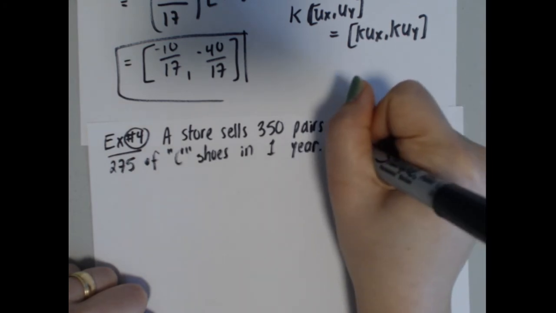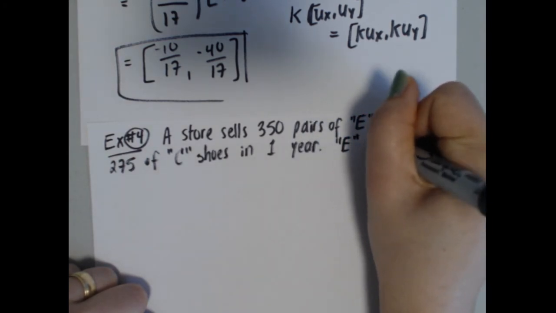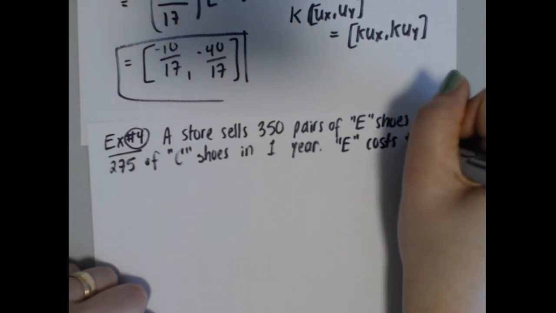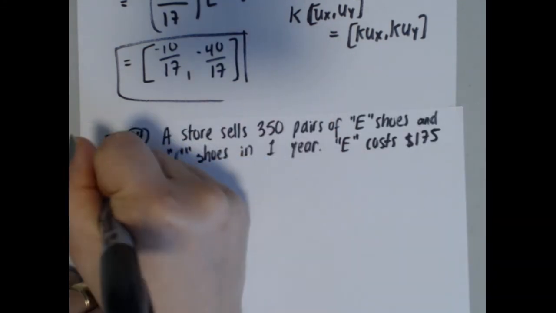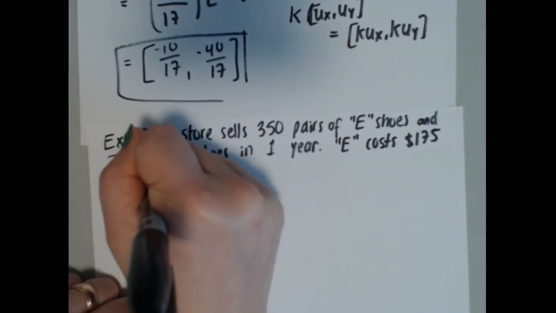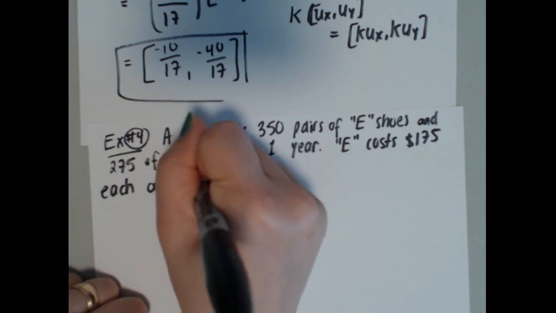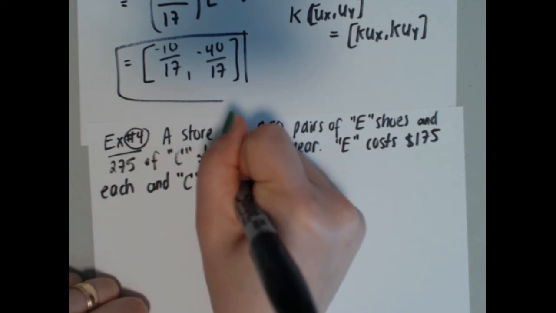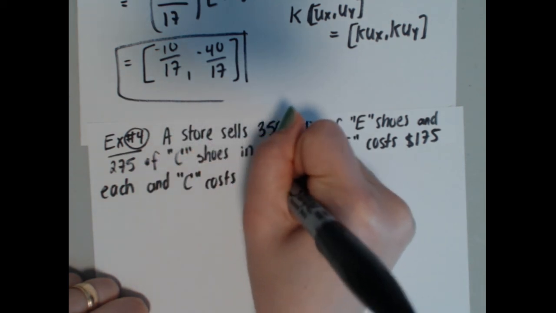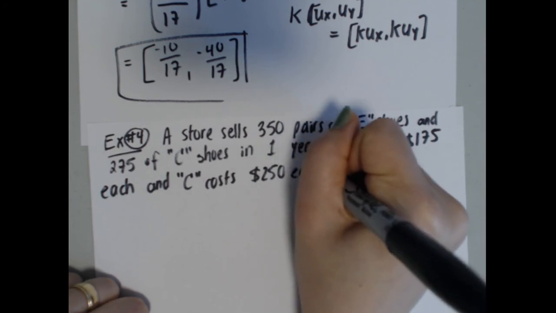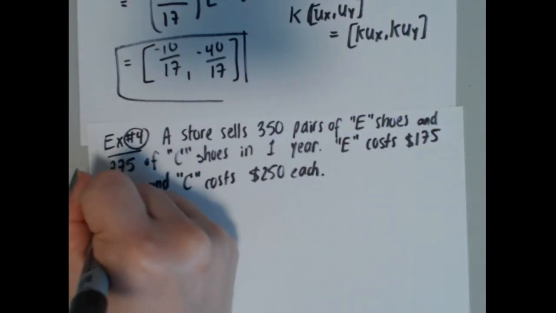Okay, so the e-shoes cost $175 each, and C costs $250 each. Okay, expensive shoes.